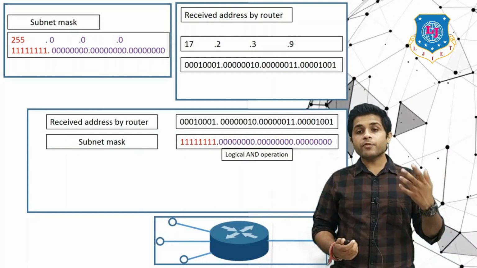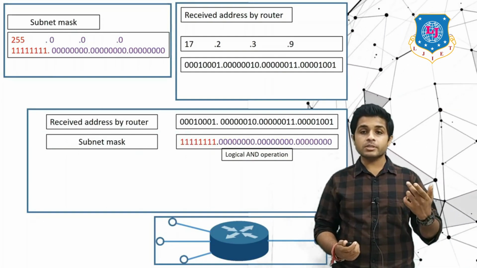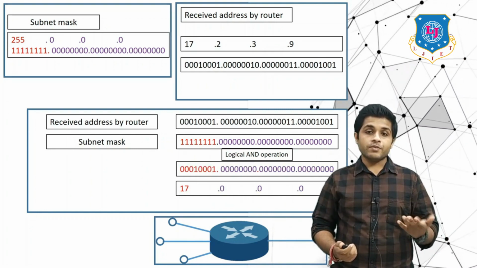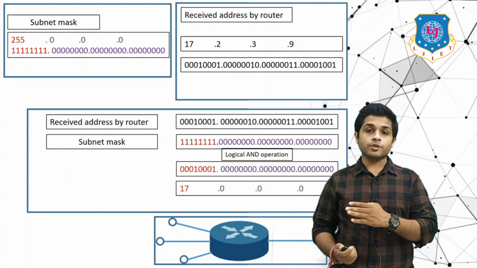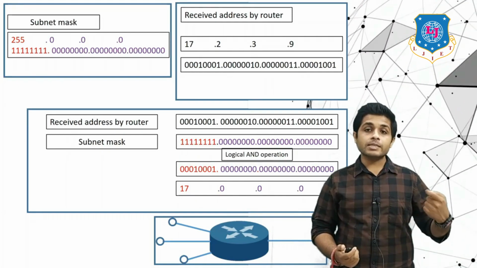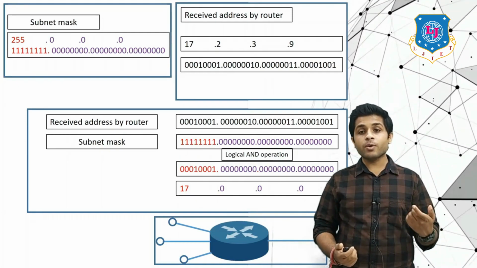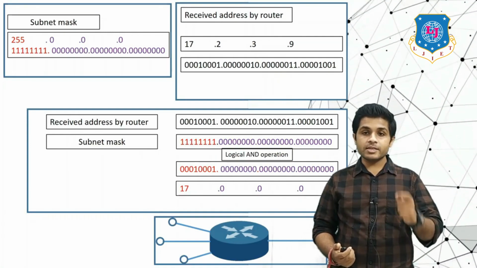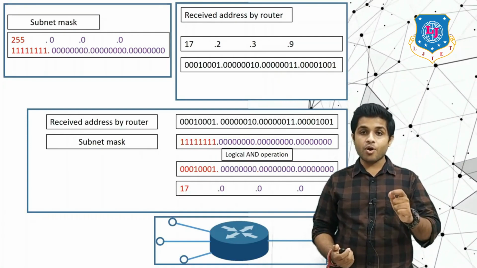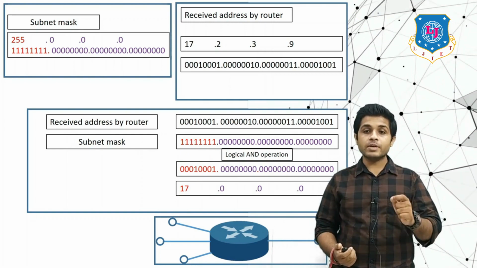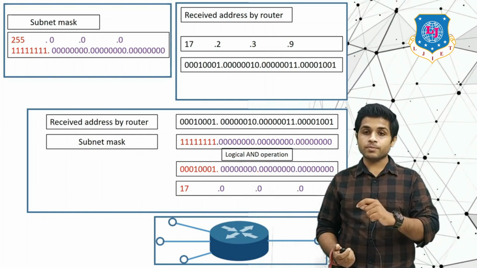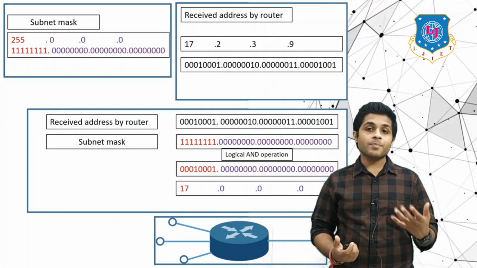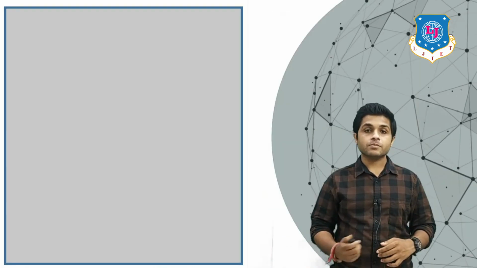The router will perform a logical AND between these two numbers and it will get 17.0.0.0. So from the received class A IP address, the router has found the IP address of the network. You can see that it is the first IP address of the network, which is 17.0.0.0. That is how the router finds the network address from any received IP address.